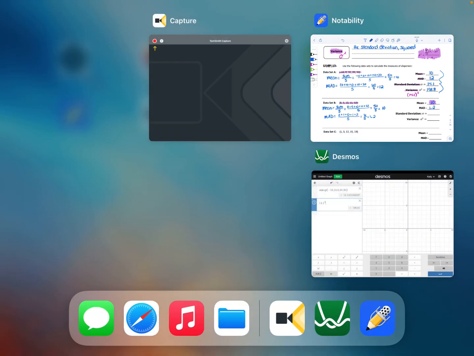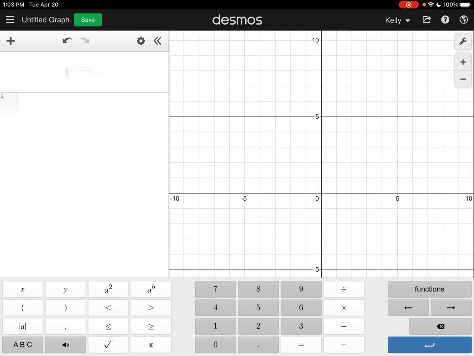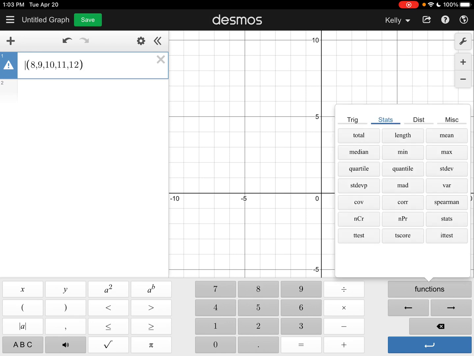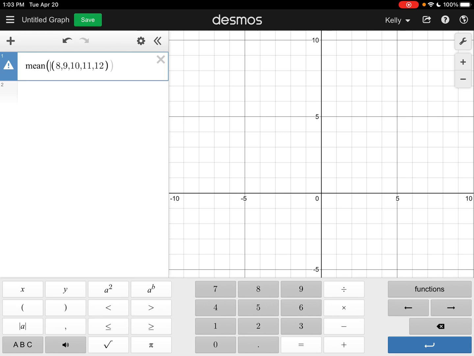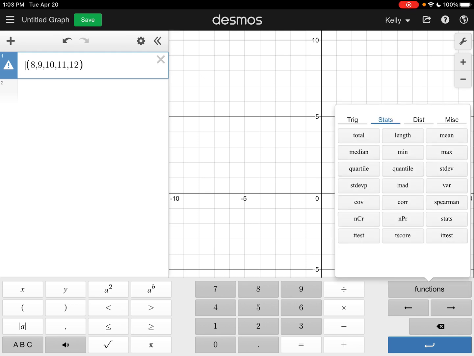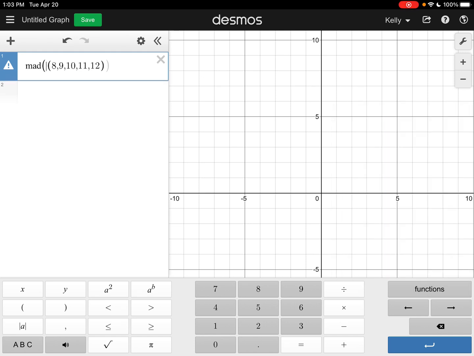Now, if we go over to Desmos and put that data in, in parentheses, 8, 9, 10, 11, and 12, we can double check the mean that we found by hand. I do see that I get a mean of 10. Then we can double check that MAD. Remember, take out your extra parentheses. And I did get a MAD of 1.2.